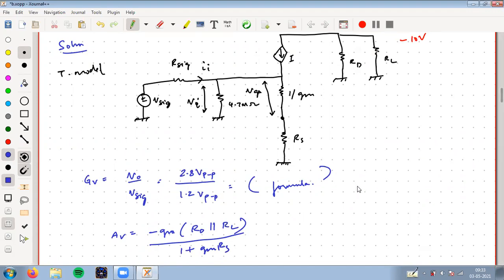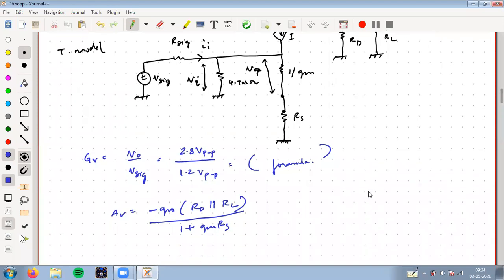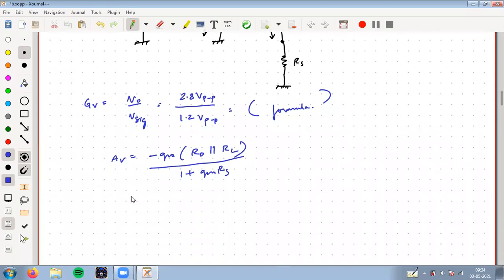Remember, upon adding the source resistance RS, it acts as a degenerative resistance, thereby it reduces your gain. So that is what the term 1 plus GM into RS is. So this is the AV.